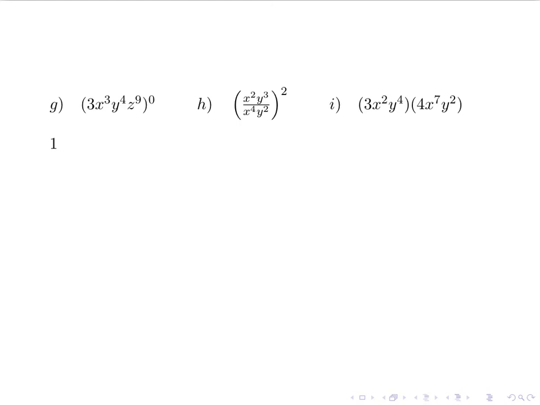So really going with order of operations, I'm going to start with parentheses. So x squared over x to the 4th. The 4 in the denominator is bigger, and 4 minus 2 is 2. So that goes down in the denominator. And then with the y's, my numerator's exponent is bigger, so it's going to go in the numerator, and 3 minus 2 is 1.